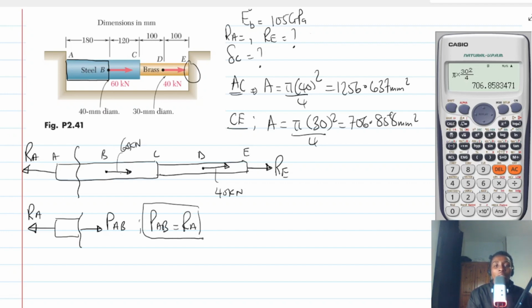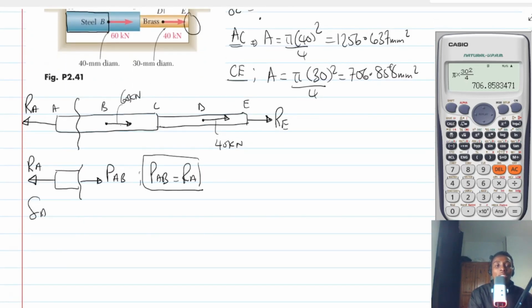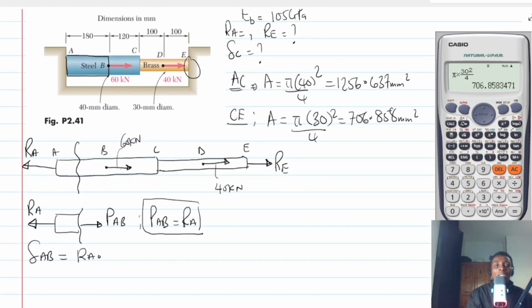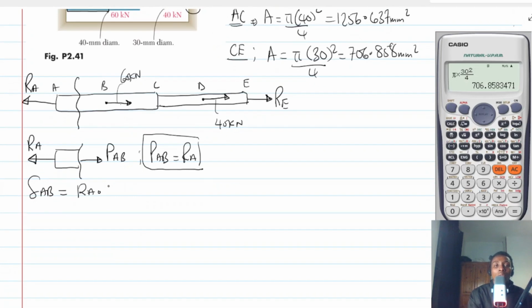This is interesting. So if I cut only AB through, then I have R_A. Therefore, if I am calculating the deflection in AB, it's going to be R_A multiplied by the length. But what is the length? The length is 180 mm.